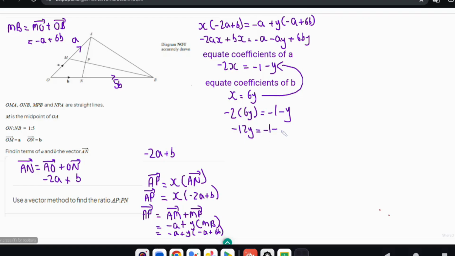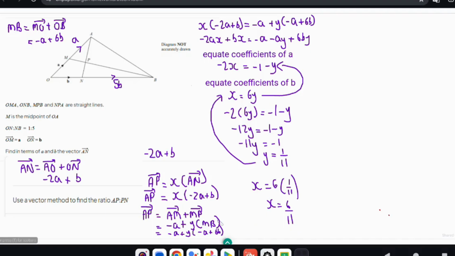Let me make y the subject by adding y to both sides, dividing both sides by negative 11. So we've got y equals 1/11. x equals 6 times 1/11 by subbing it back into here. 6 times 1/11 is 6/11.